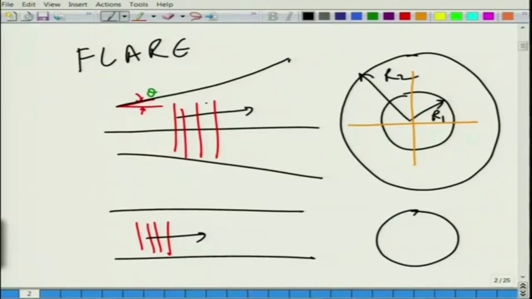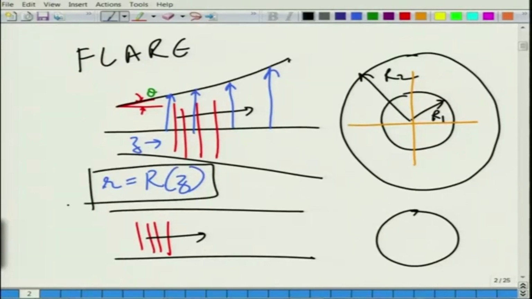One thing is that the area is gradually varying. So, one can imagine the radius is gradually varying with the axial distance, so r is equal to r of z. Radius is a function of the axial distance z.